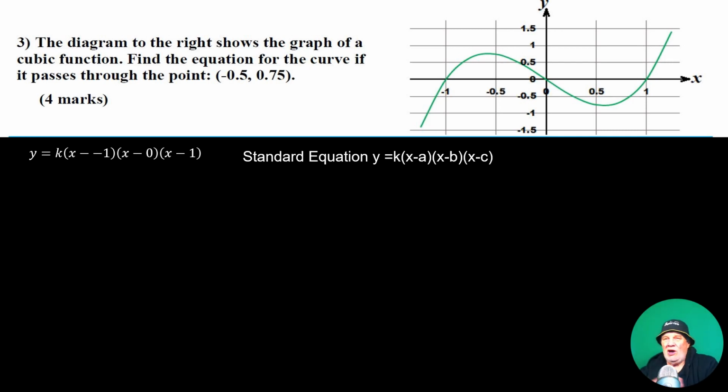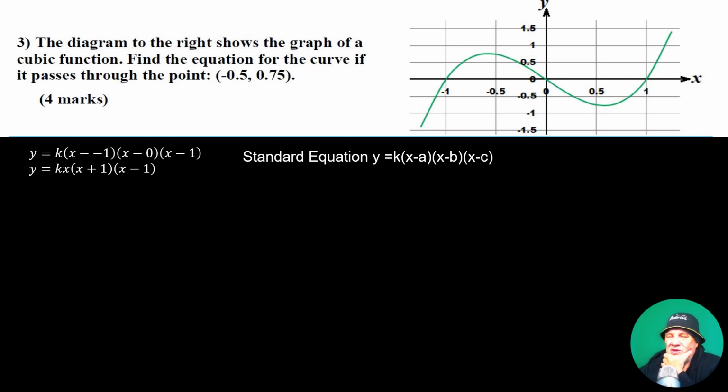And there we get y equals k(x minus -1)(x minus 0)(x minus 1). So the x minus -1 will become a plus, and the 0 is unnecessary, so we can remove that, and it doesn't need to be in brackets, so we can write it like this: y equals k(x plus 1)(x minus 1).